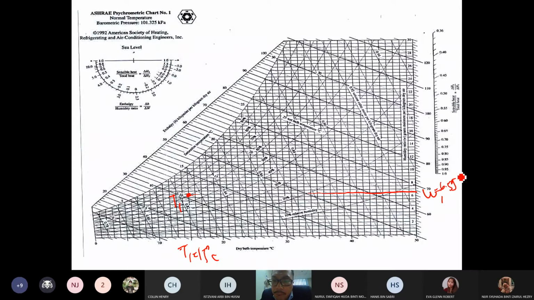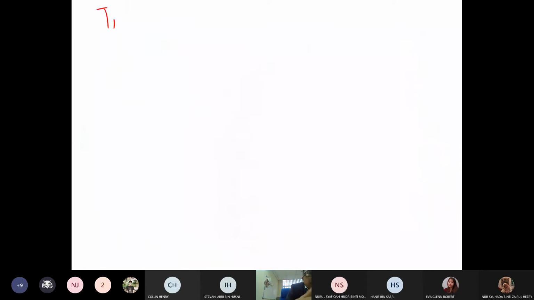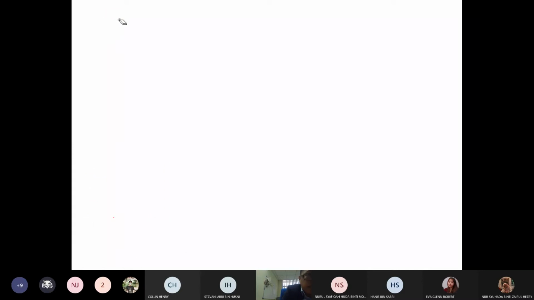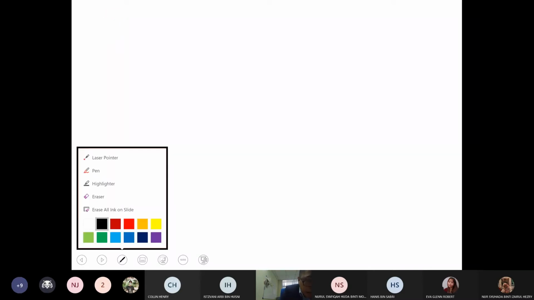grams of moisture per kilogram of dry air. Please write this down.